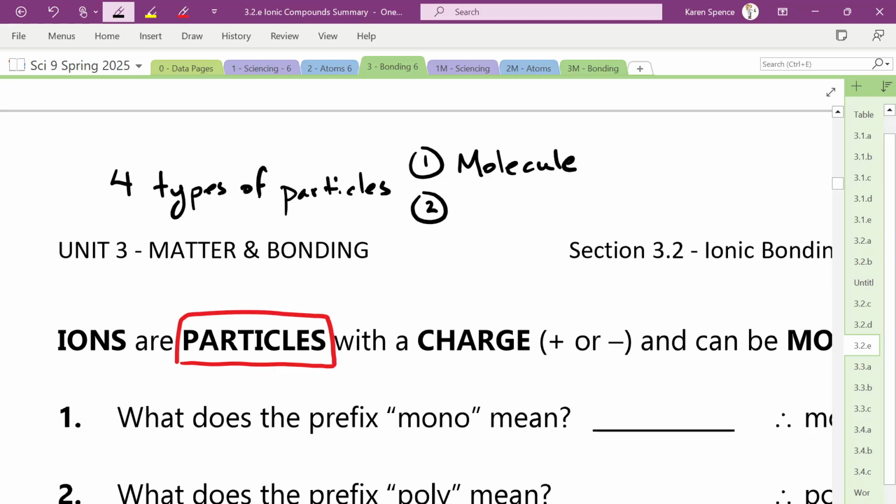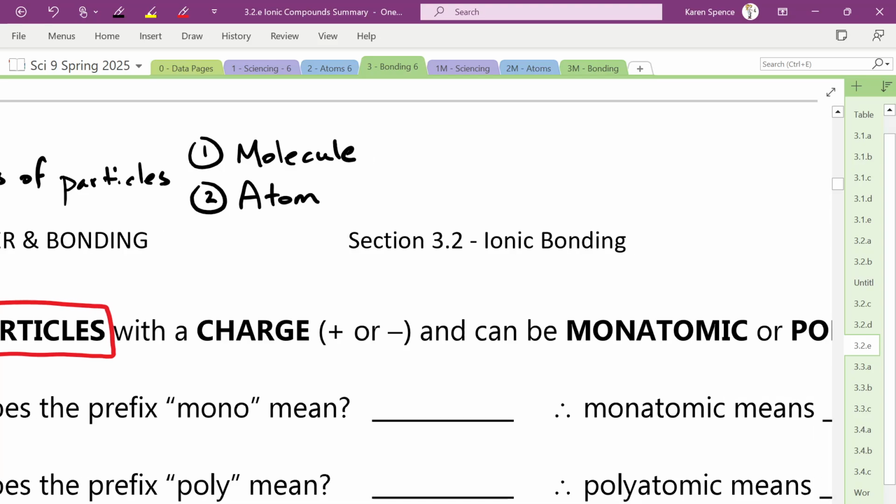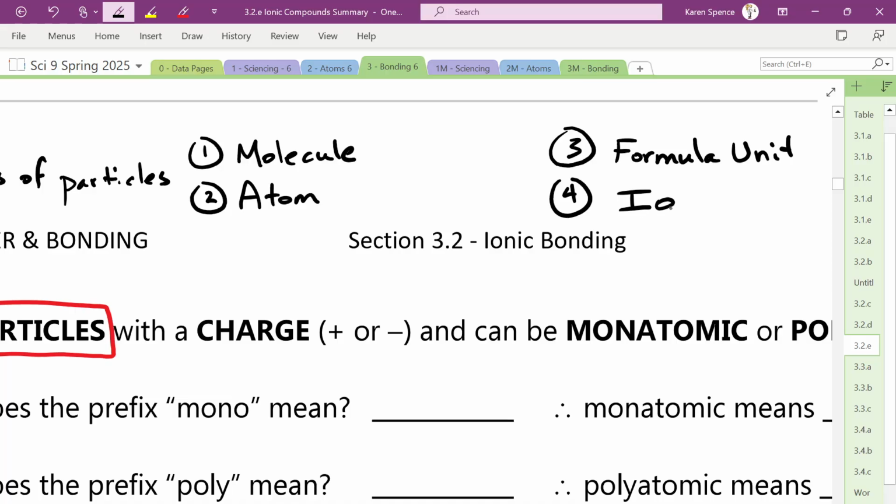What's another type of particle? Atom. What's a third type of particle? Yes. Formula unit. And fourth? An ion. Yeah.